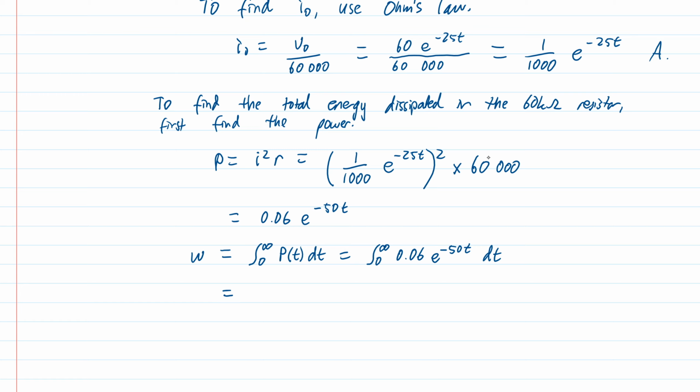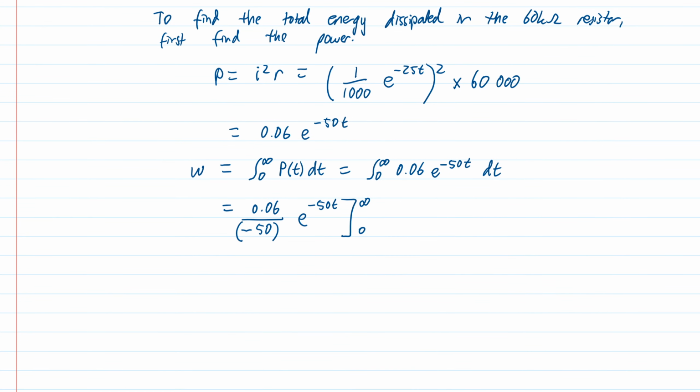And to evaluate that, I will get 0.06 divided by negative 50 times e to the negative 50t, taken over my limits of integration. So I will have 0.06, that's a negative, divided by 50, and then subbing in my limits, for infinity, e to the minus infinity will give me 0.